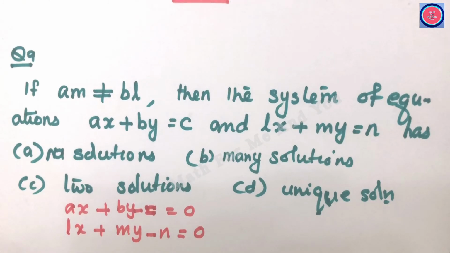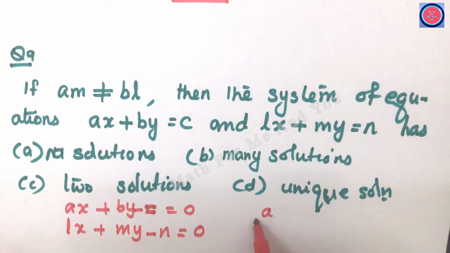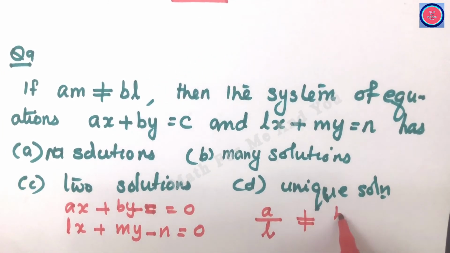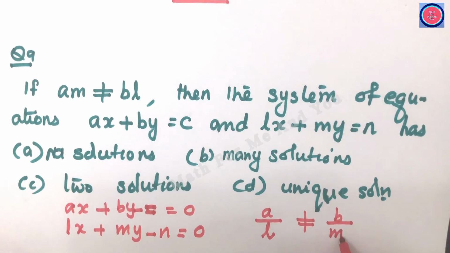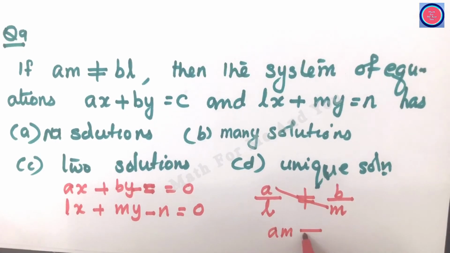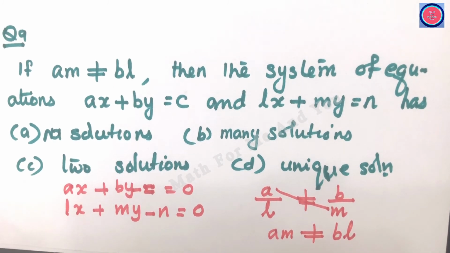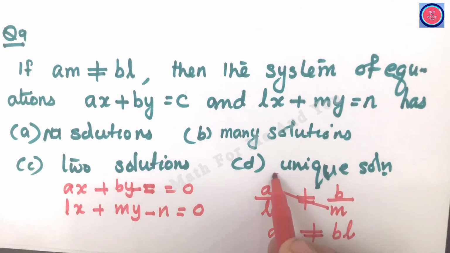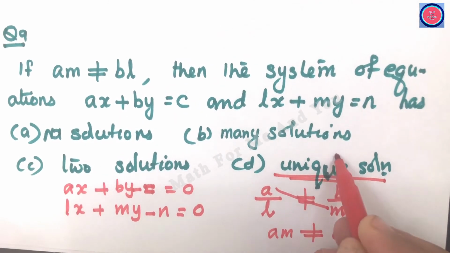The ratio a1 by a2 not equal to b1 by b2 means here a by l not equal to b by m. Cross multiply, what we are getting is am not equal to bl. That means if am not equal to bl, then the pair of equations has a unique solution.